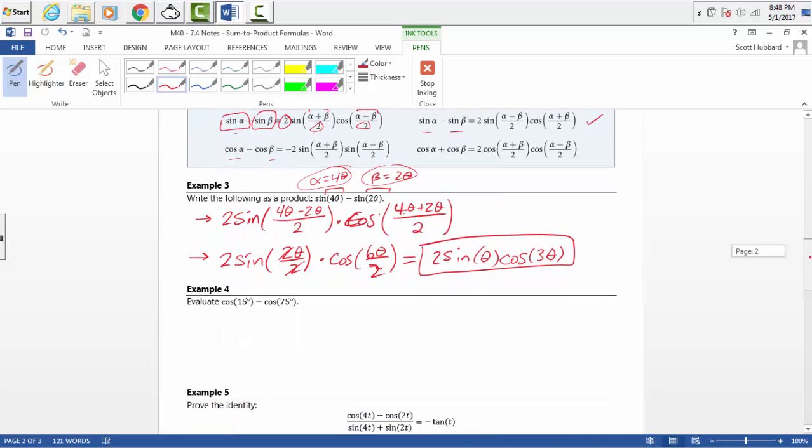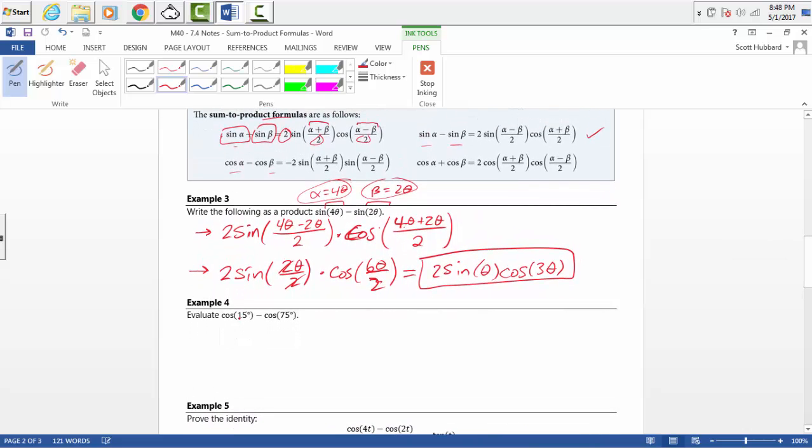Okay. And let's do ones with actual angles here. So that's going to be my alpha, and that's going to be my beta. And I want the difference of cosines, so I'm going to be using this formula, cosine minus cosine.